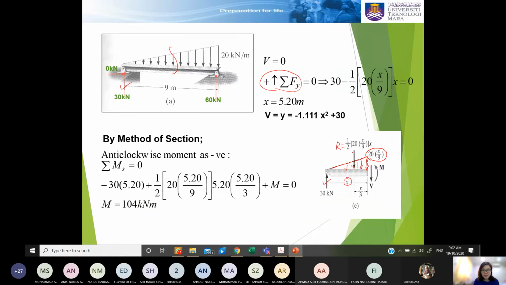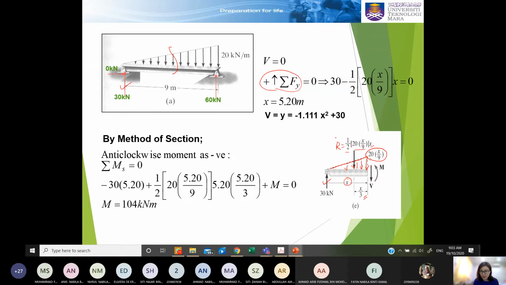How to get this reaction? We use this area. We determine the area of this triangular load. It will be half the height and the length. This will be your resultant force, and it acts 1/3 from the highest load, so X over 3. But now we just want to get the summation Fy equal to 0.